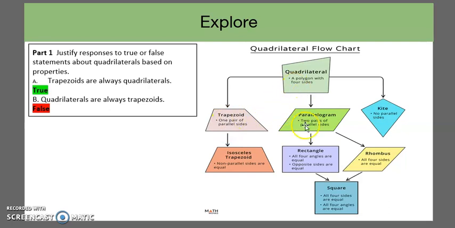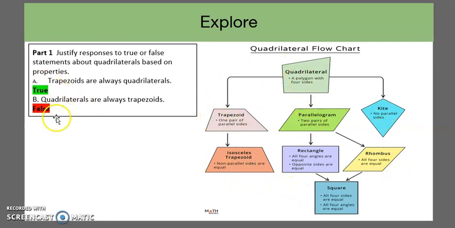A quadrilateral could be a parallelogram, a kite, a rhombus, a square, and so on. The last one is quadrilaterals are always trapezoids. That is false, because quadrilaterals are not always trapezoids. They could be any other figure here.